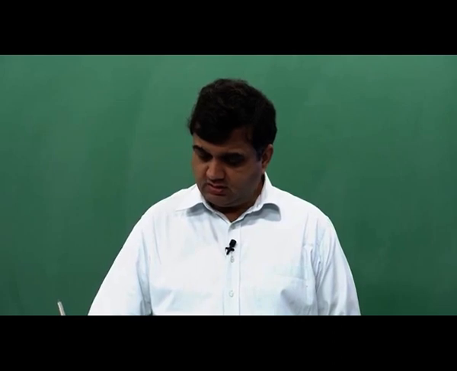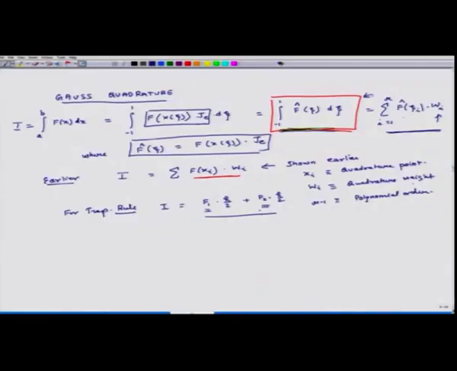Using Gaussian quadrature also, the same thing is there. We have to find out the value at some number of points and also the associated weights for those points. If we know this information, then I can very easily calculate the integral of f(x) dx over the domain.